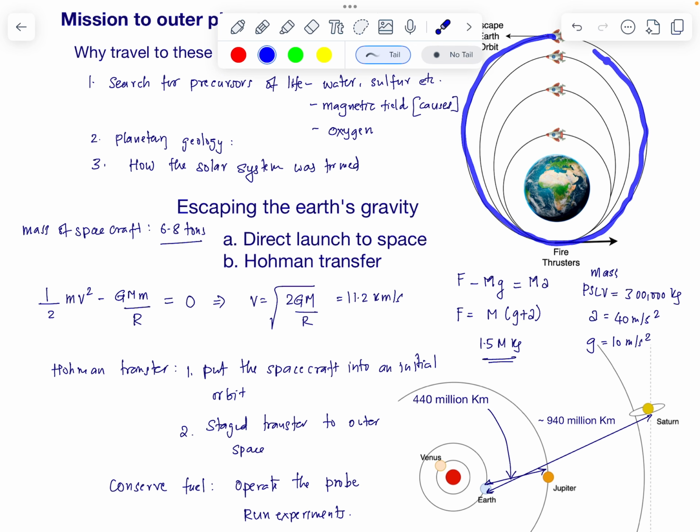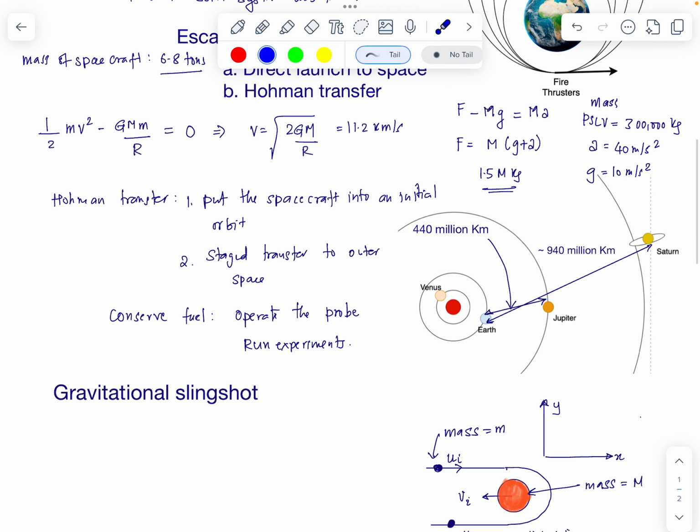When it gets partially captured, we fire the thrusters in the opposite direction than we did before, so that the spacecraft descends from a higher orbit to a lower orbit. Then once it has descended to a lower orbit, we fire the thrusters one more time so that it goes to the next lower orbit, and again we do that until we reach the desired orbit. So that's what happens.